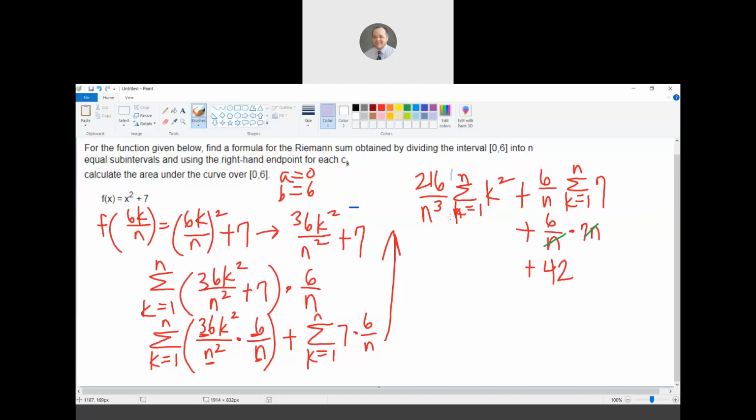Now, this part right here has its own special formula.